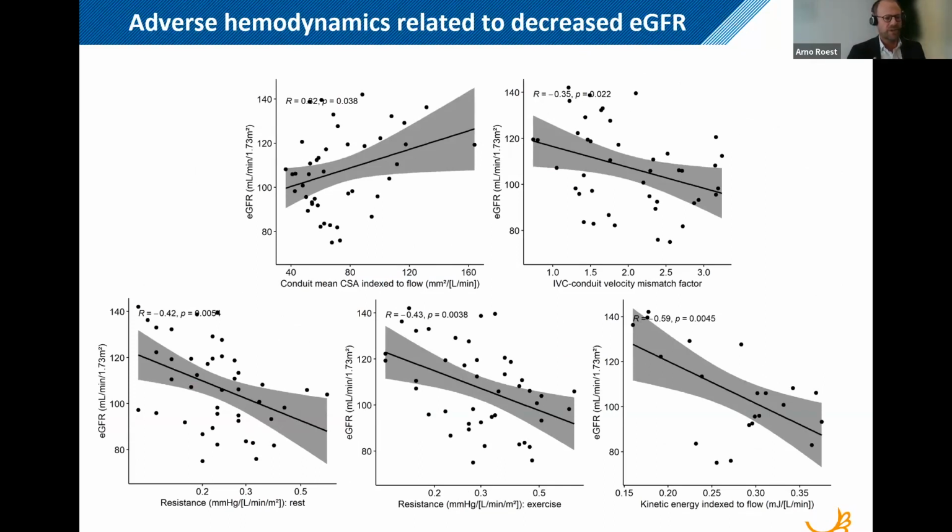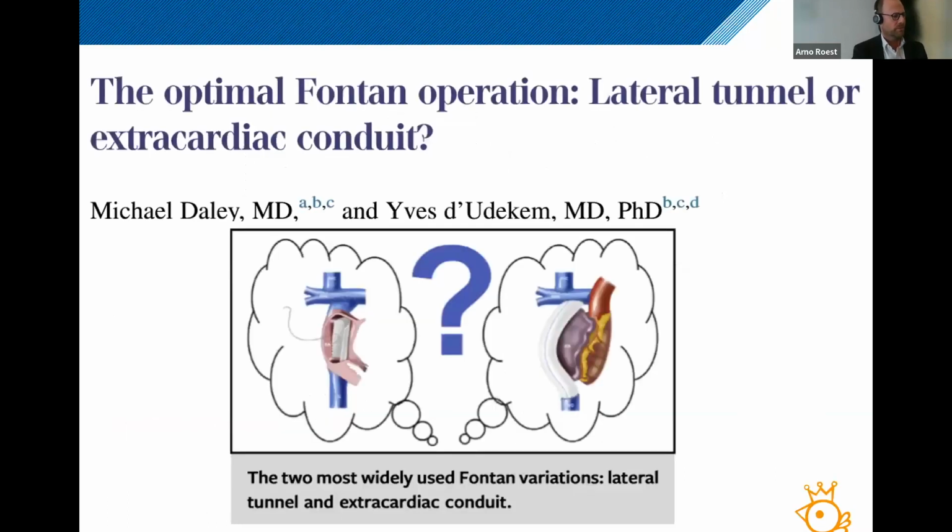So it has a profound effect on liver health, on renal health, when you have an adverse conduit, a failing Fontan. And these are quite asymptomatic patients. So it was really, from my point of view, alarming, the things that you see within those quite small conduits.